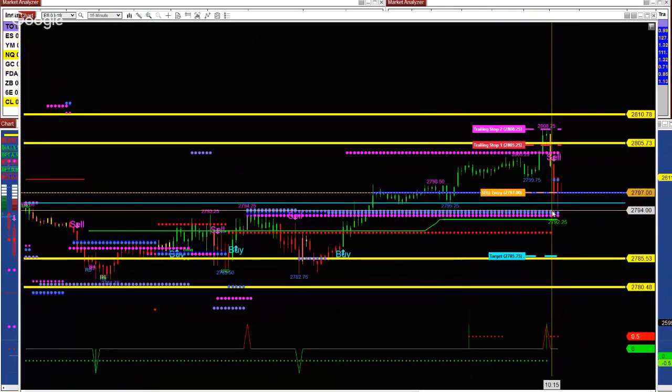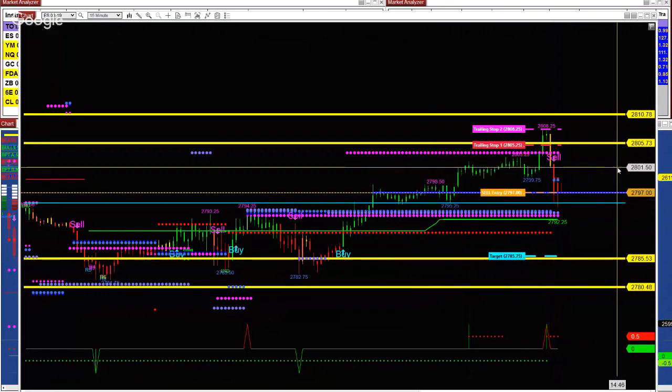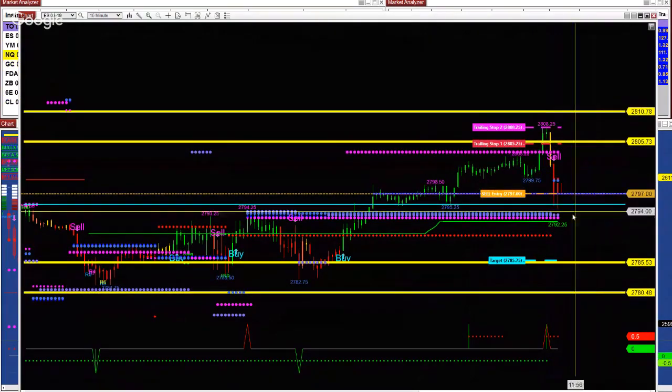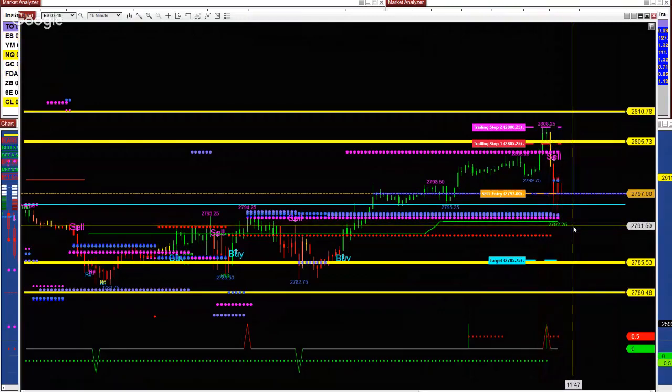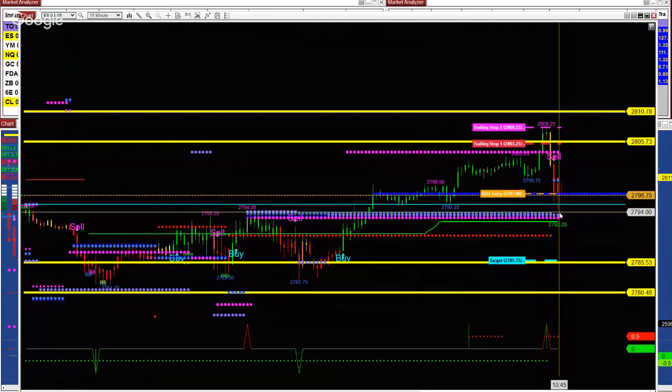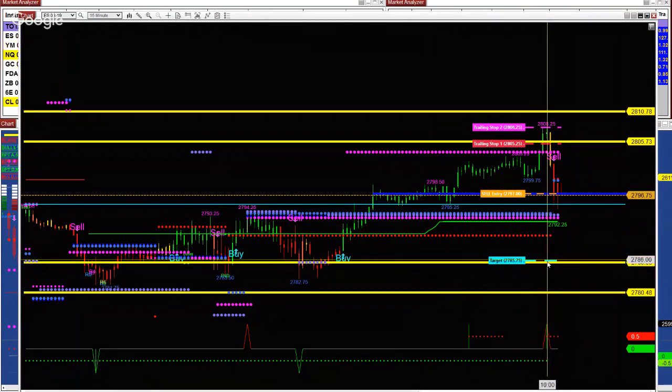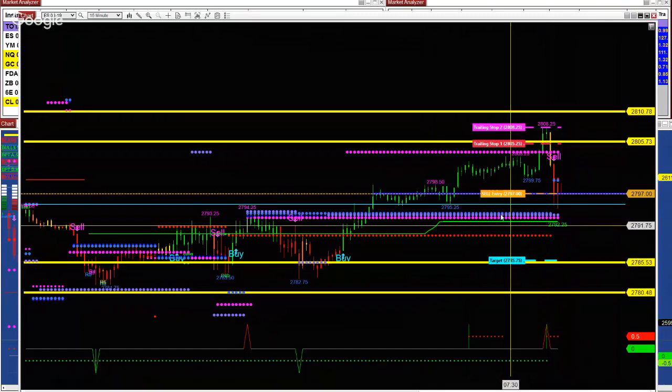It's 94 level here is the double support, and the ES is trying so hard. Plus the true average price is 27.9225. This is an extremely hard area to require a lot of cells to penetrate those numbers. If we break those numbers, your final destination is 27.8575. It's right there, loud and clear.